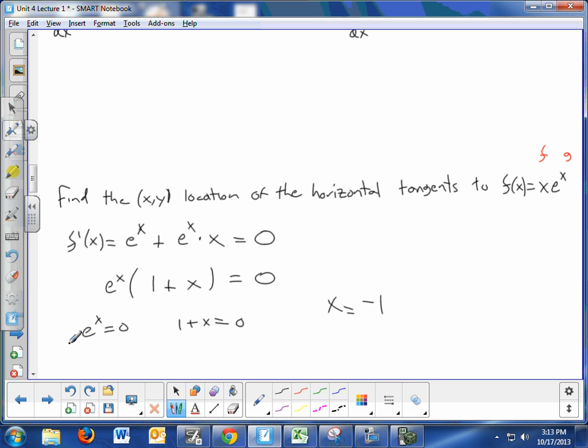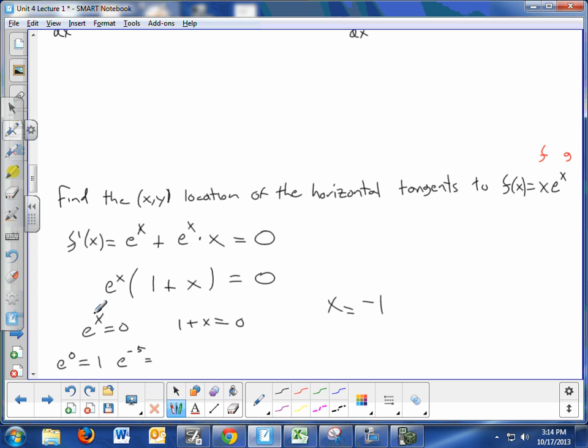True. Never. If x is 0, what's e to the 0? 1. Yeah, e to the 0 is 1. What's e to the negative fifth power? Is it a big number or a small number? It's close to 0. As we continue to put in bigger positive x values, this gets huge.